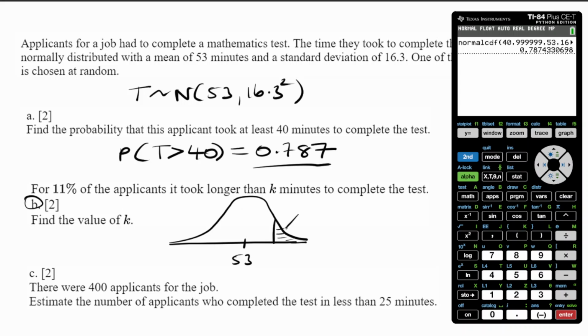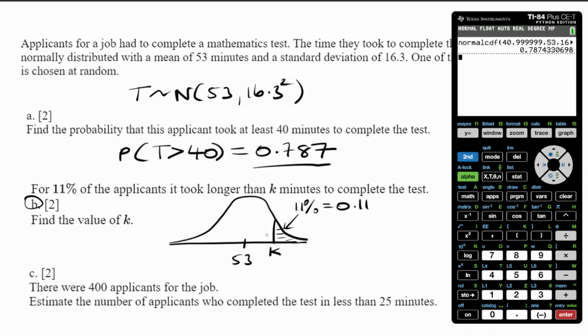So this probability is 11%, took longer than K minutes. So this K is on our scale. And we know the probability of being more than that. We have to remember it's got to be a decimal.